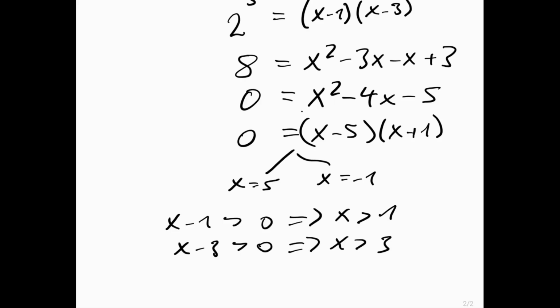So we can take the numbers from the solutions we got after all the steps that fulfill this. And of the two, it's only x equals 5 that's the solution, because with x equals minus 1, both x minus 1 and x minus 3 would be below 0. But with logarithms, we must have the argument strictly bigger than 0.